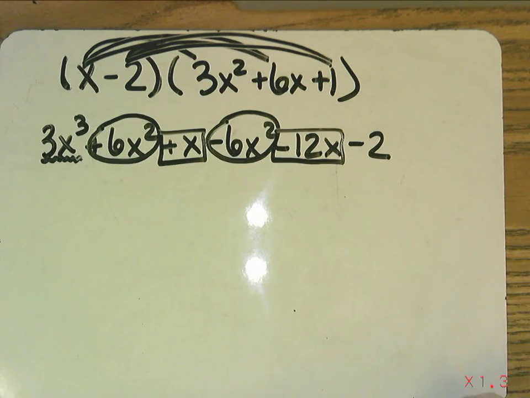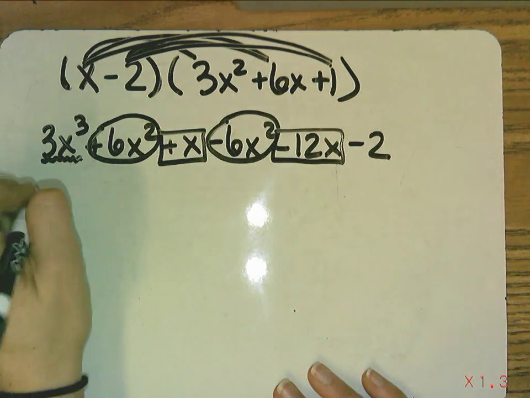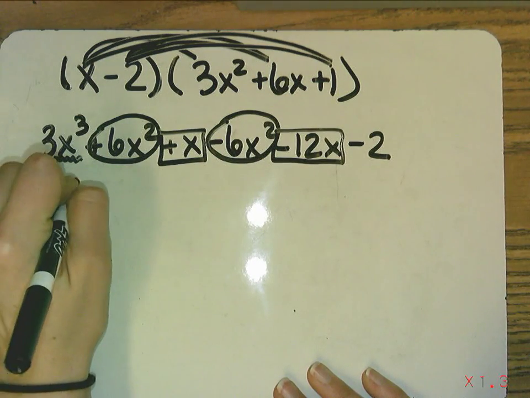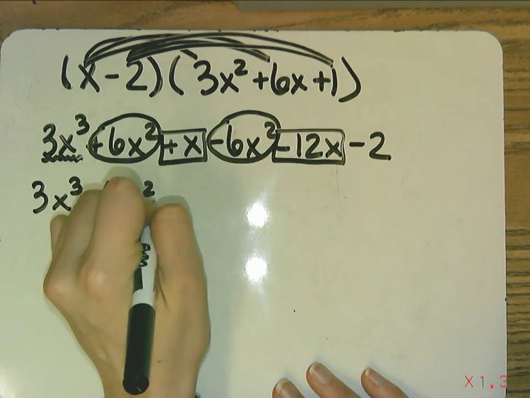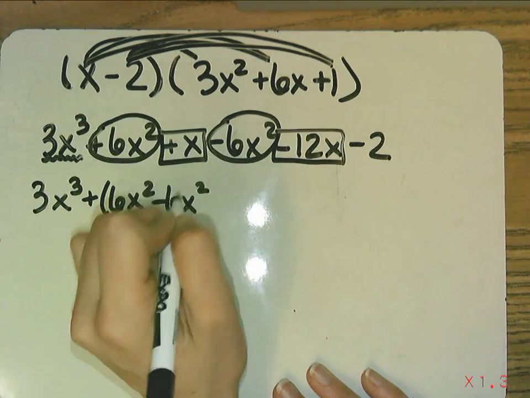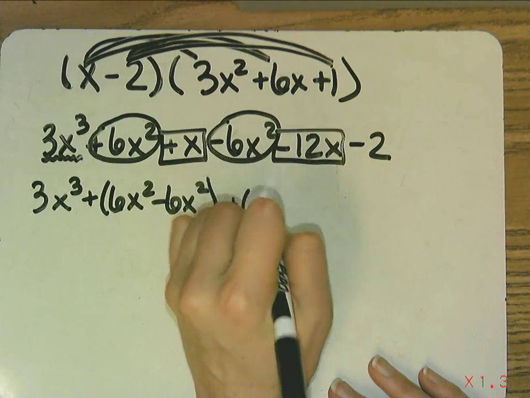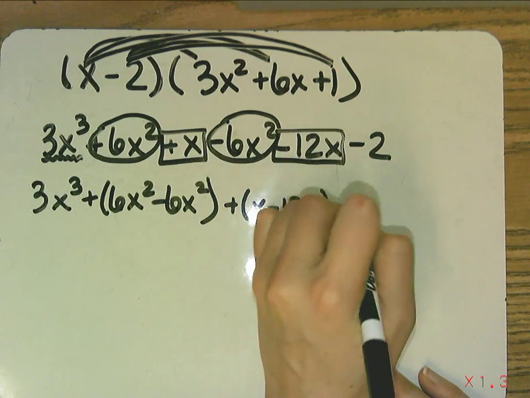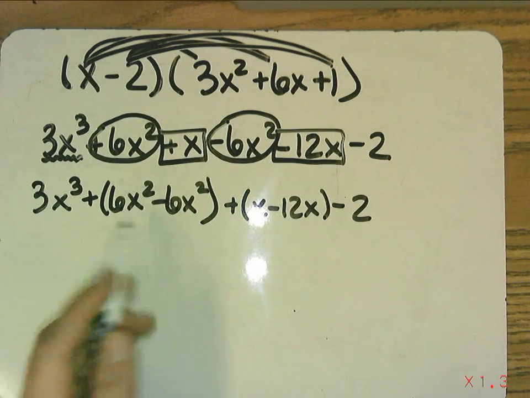So now it's really easy for me to visualize what my like terms are and where they are. I'm going to rewrite my polynomial so those are next to each other. Now I'm going to combine my like terms.